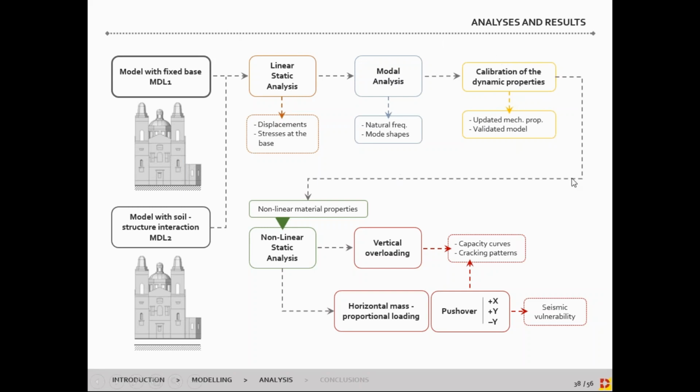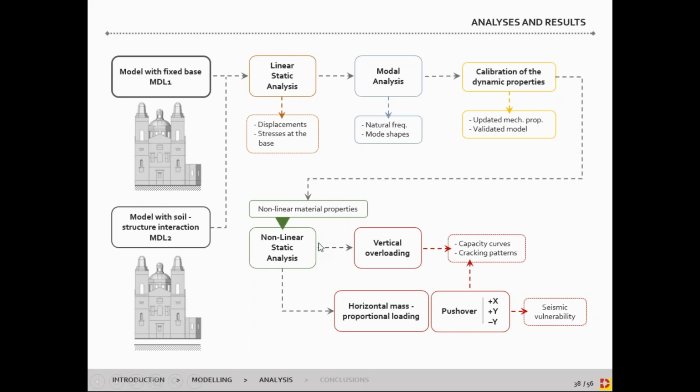After that set of analysis, which consists of isotropic materials in our case and linear range, we define nonlinear properties for the materials and start nonlinear static analysis. We performed two different kinds of analysis in terms of direction.